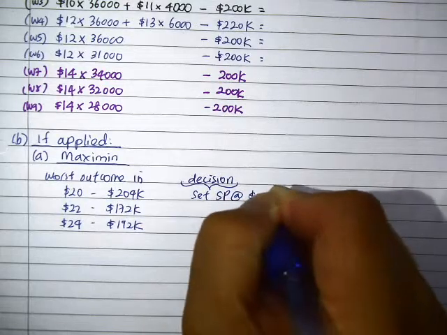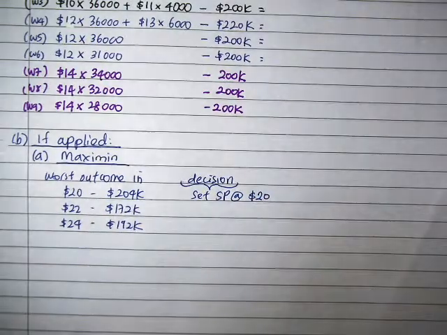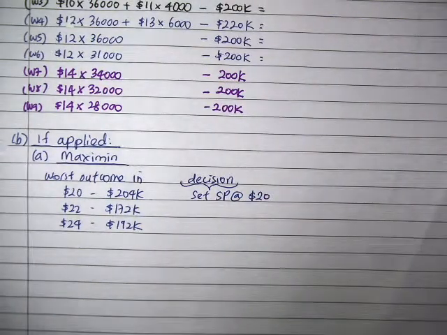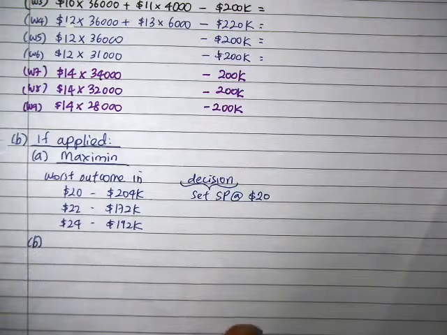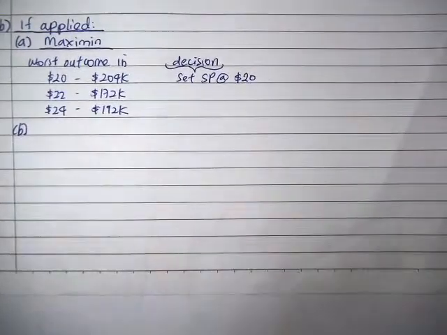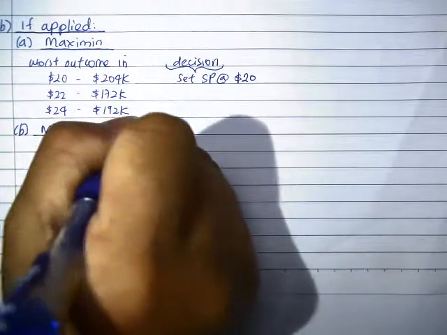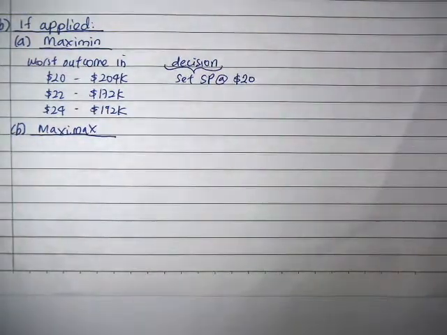So your decision is to set the selling price at 20. It gives the highest. Okay.